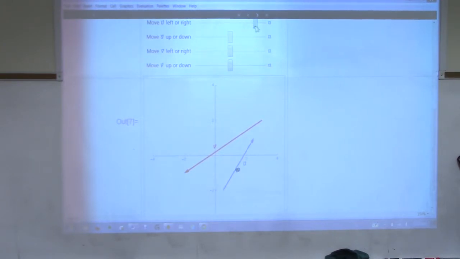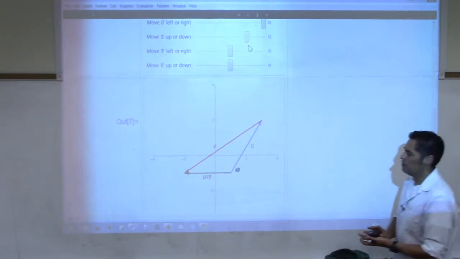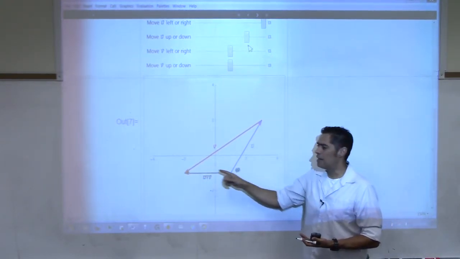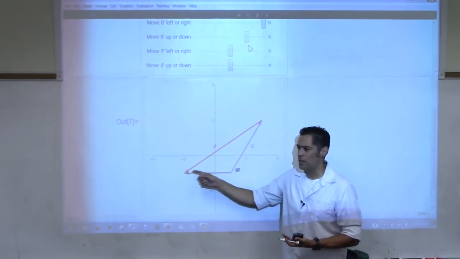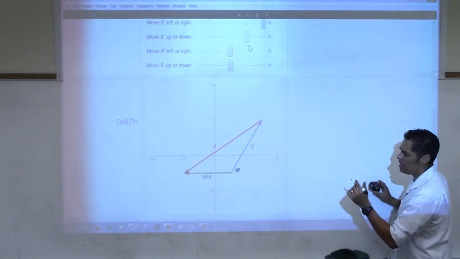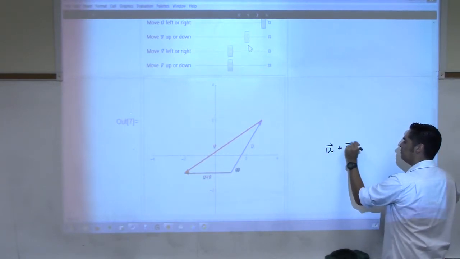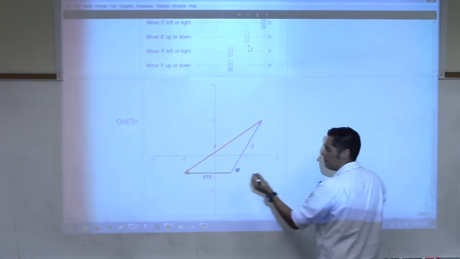So if I take the vector u and I add the vector v, I get a resulting vector u plus v. Let's see what's happening here. Look at it almost like a path.